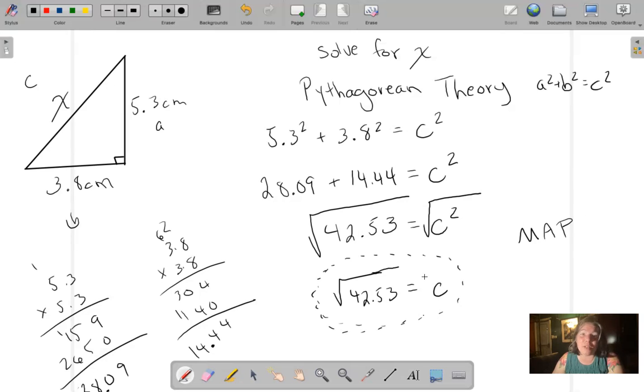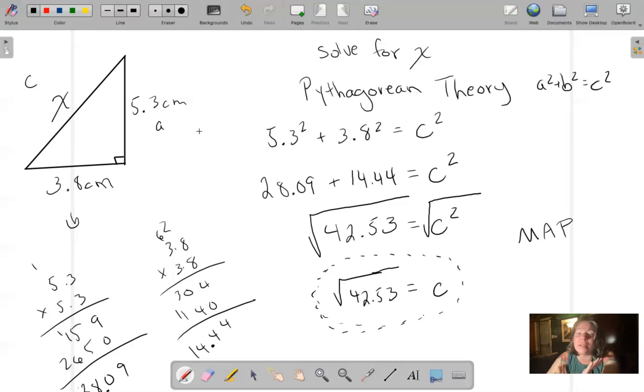You're going to have to actually use a calculator and solve the square root of 42.53. But I feel confident that you know how to use a calculator and find the square root of 42.53. If you do not know how to use a calculator to find a square root, please ask me. All you have to do is ask me, and I'll help you, but I'm pretty sure you guys know how to do that.